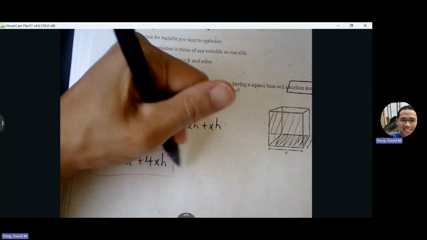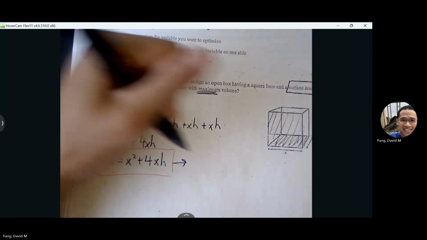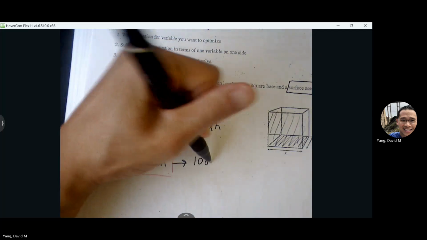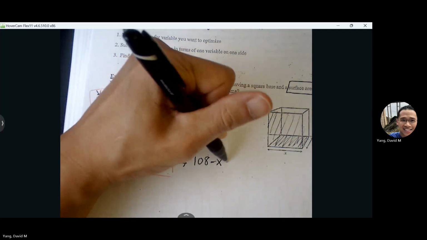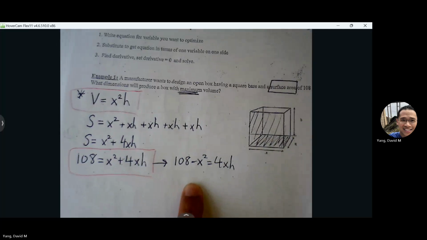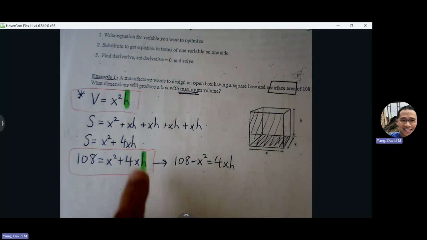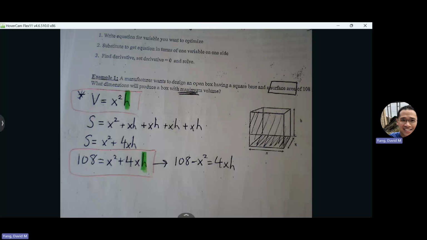So we're going to work with this equation to try to solve for h. So there's our goal here. We're trying to solve for h so that I can replace it into the equation that we're trying to find the derivative for.